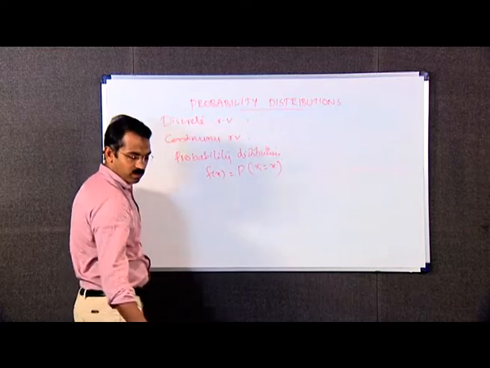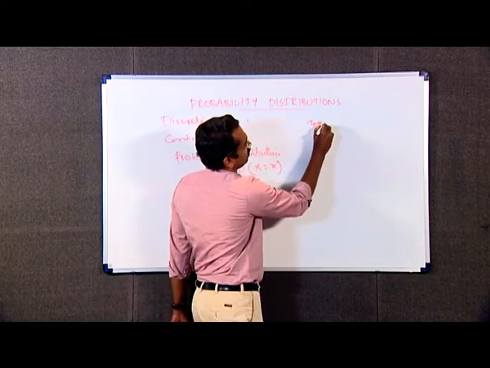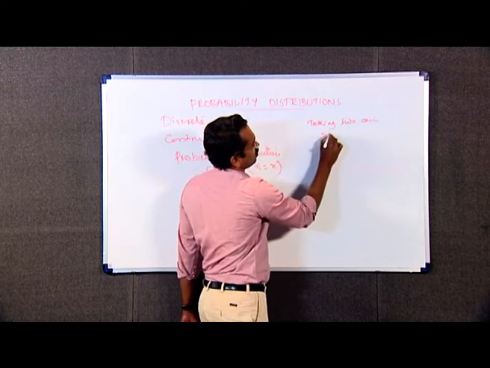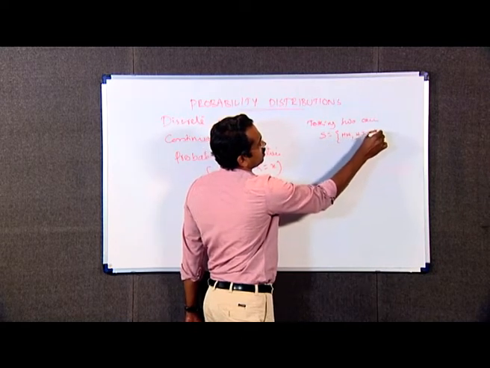For example, if we consider the experiment of tossing two coins, the sample space is HH, HT, TH, TT.